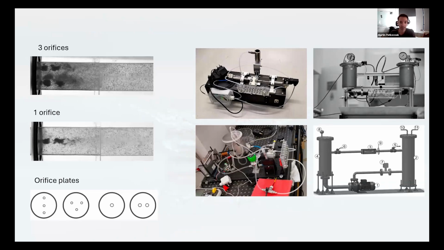We also designed, in principle, two types of static cavitation devices. One type where we use a pump for sample circulation, and the other where we use two reservoirs and we push the sample through the constriction between the two reservoirs, either with compressed gas or with pistons.